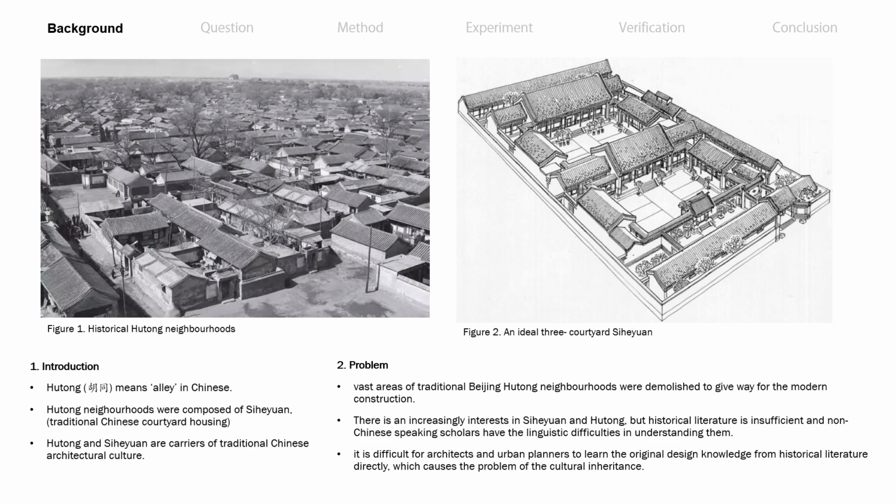Meanwhile, due to insufficient historical literature and the linguistic difficulty in understanding it, it's difficult for architects, urban planners and students to learn the original design knowledge from the historical literature directly.